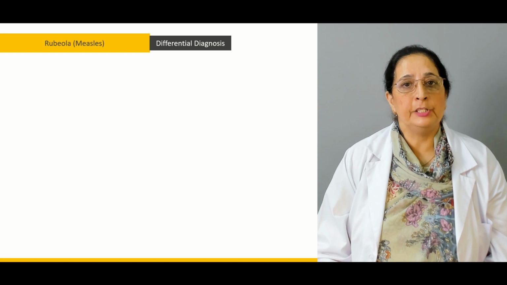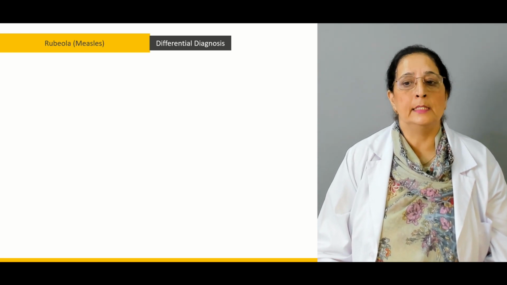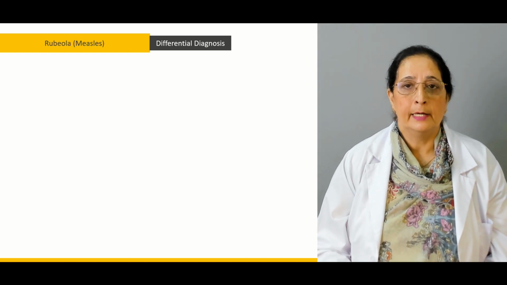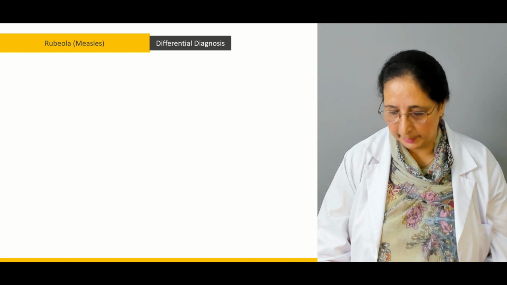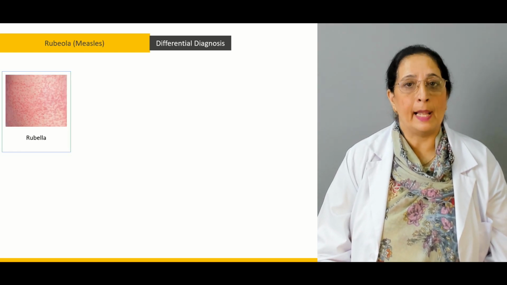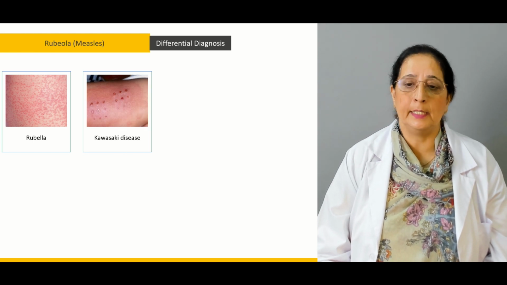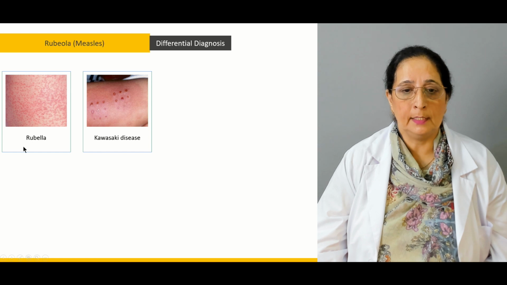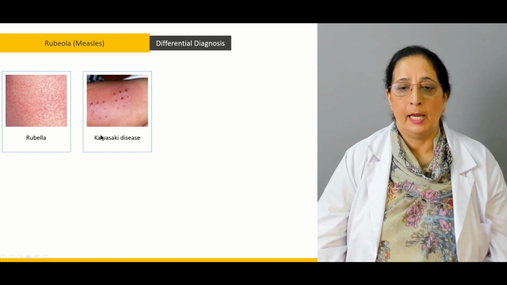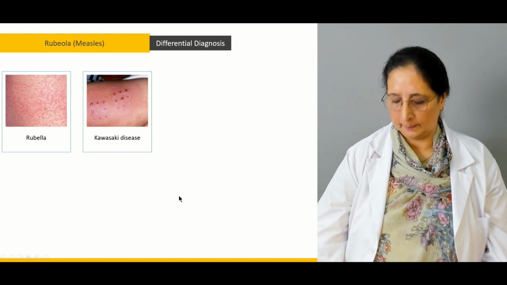Then the differential diagnosis of measles. What are some conditions that need to be differentiated from measles? This is rubella rash. That's Kawasaki disease. You can see the difference between this rubella rash and this Kawasaki disease.